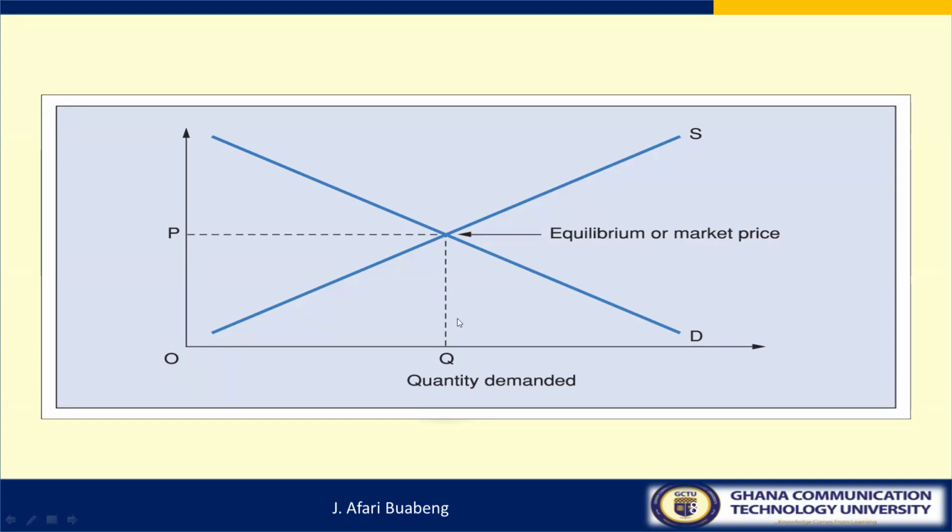A lot of people will be queuing for the product, and because you cannot get it, you need to go to the black market. In the long run, prices will increase far above the original equilibrium price of 20 cedis.